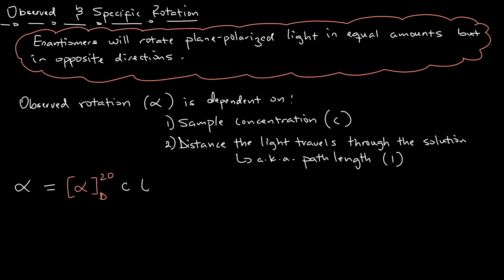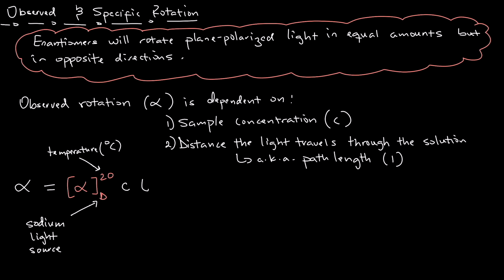So the observed rotation is equal to a constant we're going to call alpha D20 times the sample concentration times the path length. The symbol D is just denoting that the source of our light is from sodium, and that's a typical light source for our experimentation of optical activity.